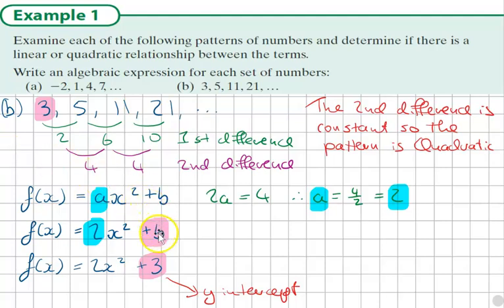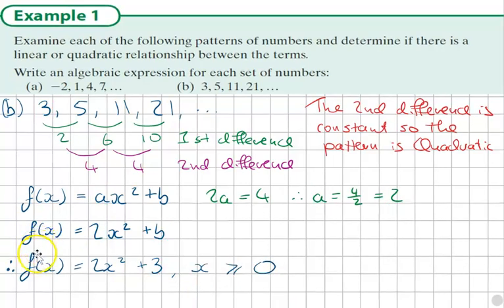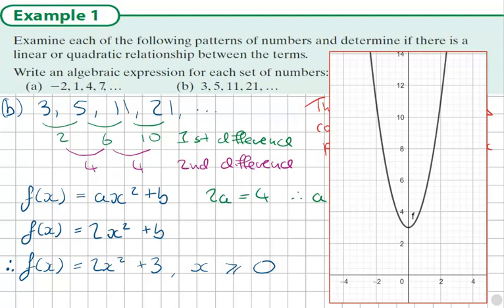And then to find what our plus b is, we just take the very first term of our pattern, which is plus 3. So our function is f of x equals 2x squared plus 3, and the plus 3 is the y-intercept. So we say f of x equals 2x squared plus 3, where x is greater or equal to 0. And drawing this out on a graph, we get a U-shaped graph because it's x squared.